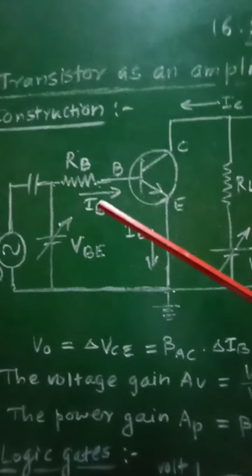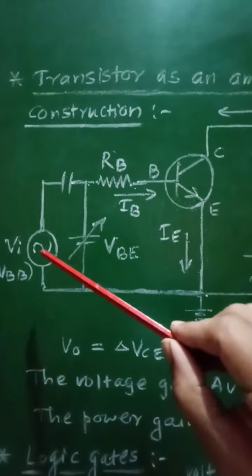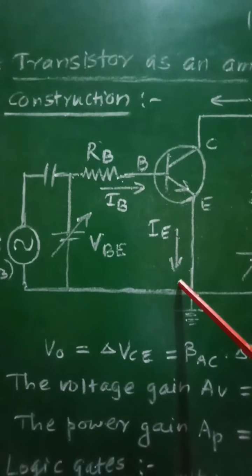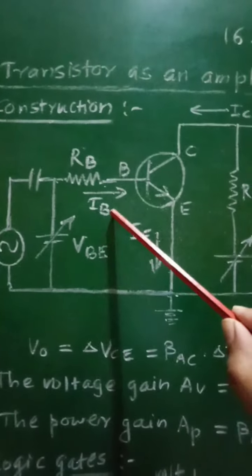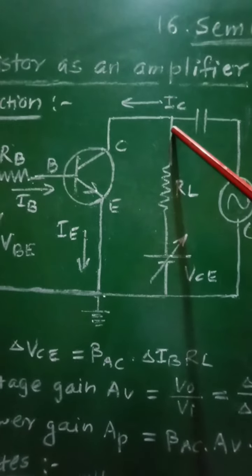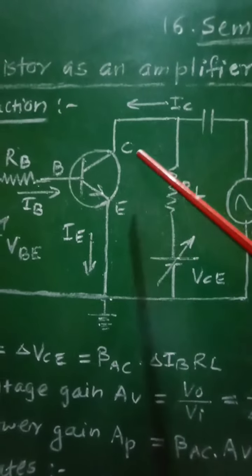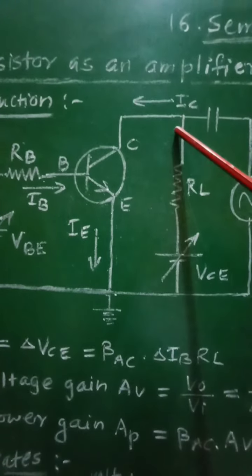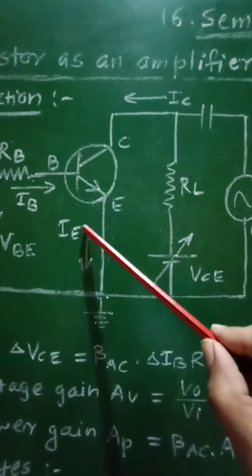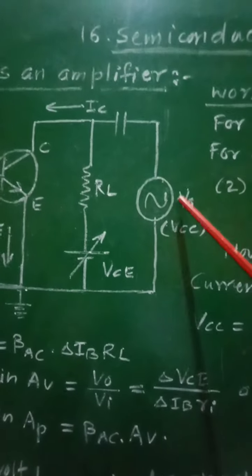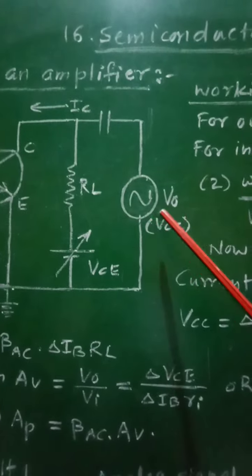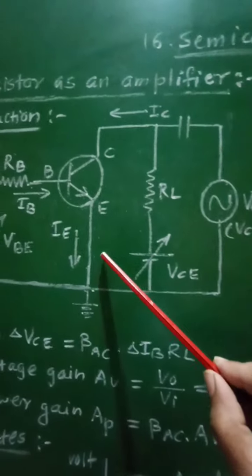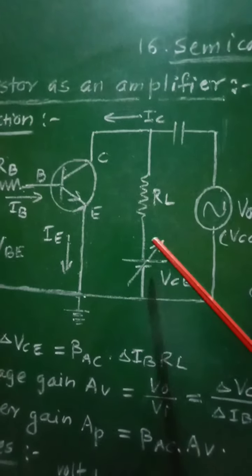As soon as the sinusoidal signal is connected between base and emitter, both base current as well as collector current will vary sinusoidally, and this variation will give rise to the variation in the output voltage Vo. So this is the construction of the transistor as an amplifier.